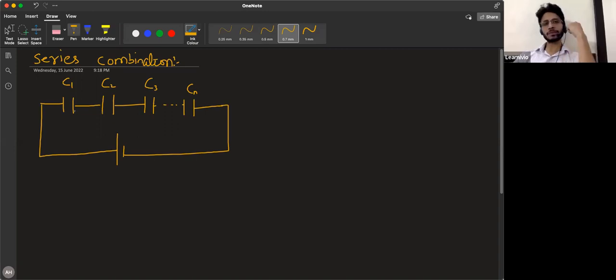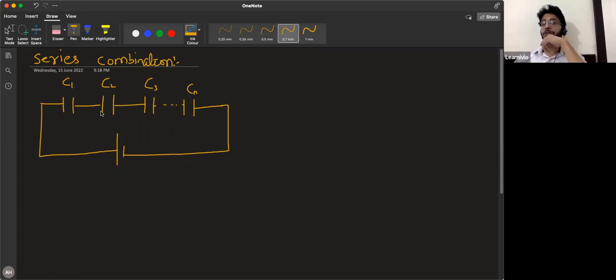So in this case, what will happen? Will the charge remain the same or will it divide? When you look at this diagram, in all these capacitors, will the charge remain the same or divide?